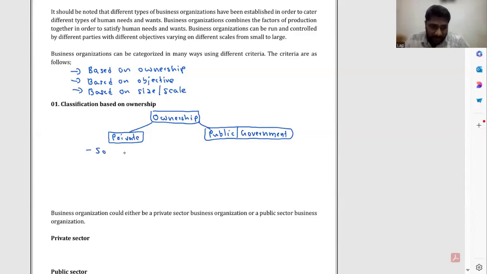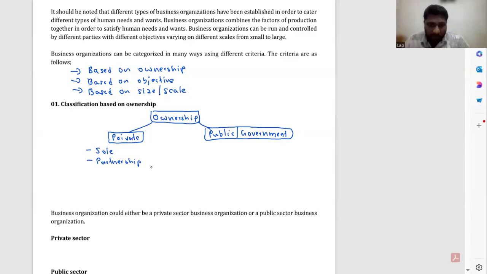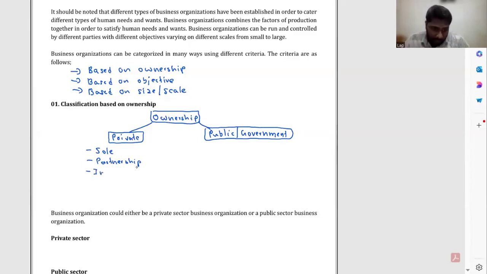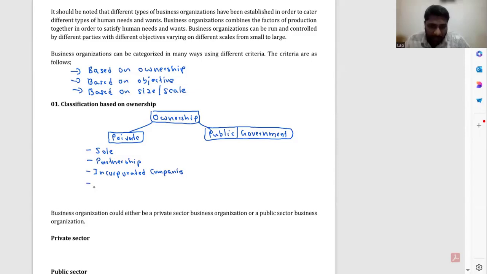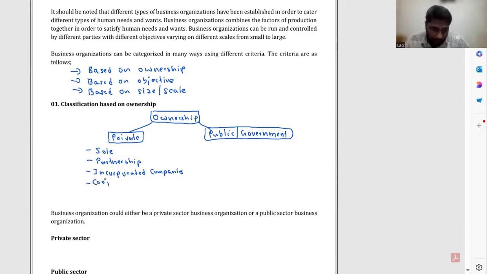Private businesses: sole trader business, partnership business, incorporated companies, and cooperative societies and associations.